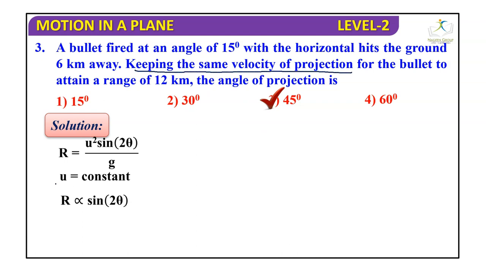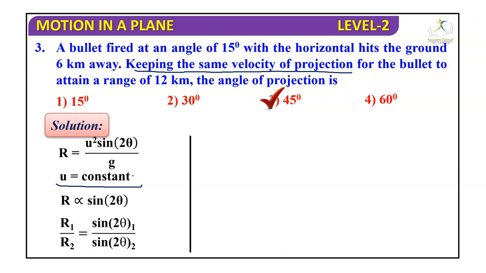Because of that, I assumed u is constant. So R1 by R2 equals sine 2 theta 1 by sine 2 theta 2. R1 by R2 is given as 1 by 2, equals 1 by 2 of sine 2 theta.